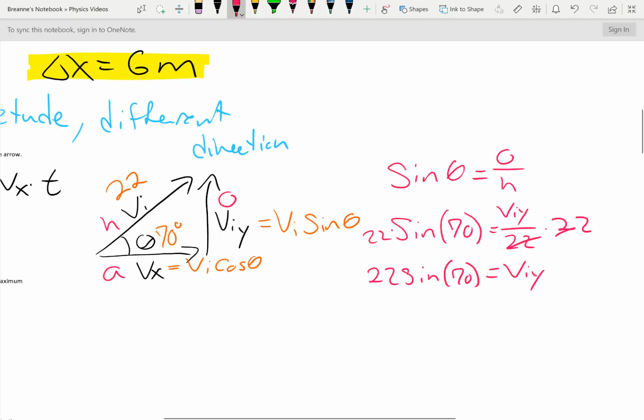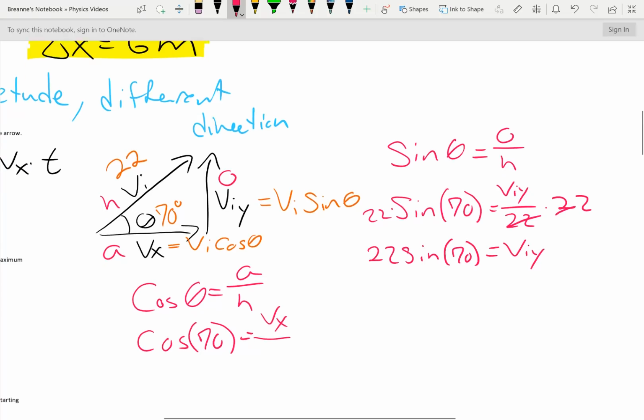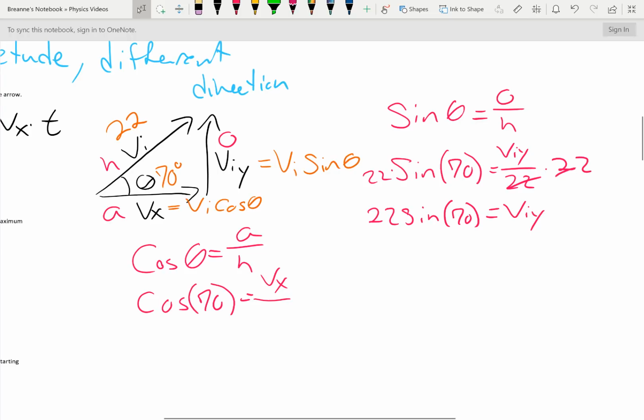You don't have to go through these steps. I'm just showing you where it comes from. And this one comes from cosine, which is adjacent over hypotenuse. Your degree is 70, your adjacent is the velocity in the x, and your hypotenuse is 22. Again, to get it on the other side, just multiply. So your velocity in x ends up being 22 cosine 70.